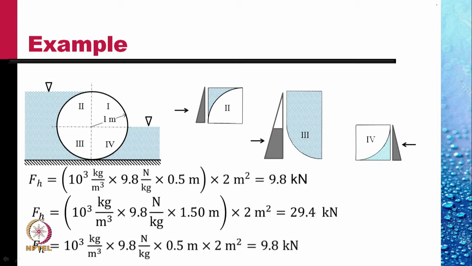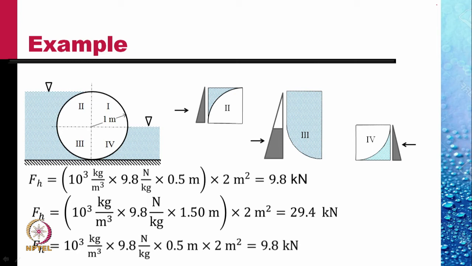They are respectively rho gh, where h is the depth of the centroid for each of the elements, into area of the plate. If the depth of the cylinder normal to the paper is considered 2 meters, then these are the forces.